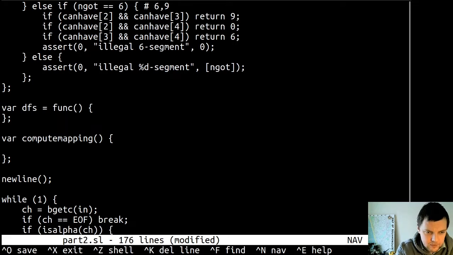Right, what's our DFS going to do? Depth first search needs to say for each which digit it's working on, which segment it's working on, and which input letter segment and which output segments have already been used.